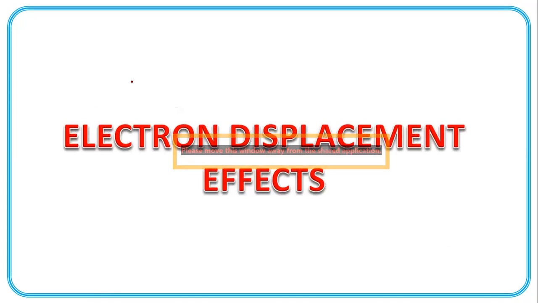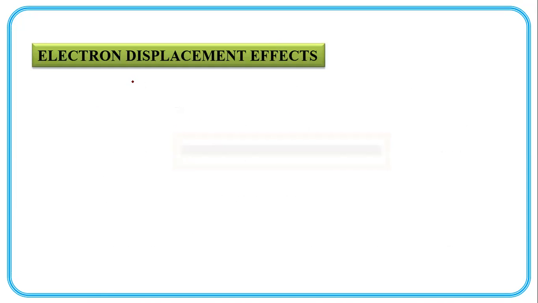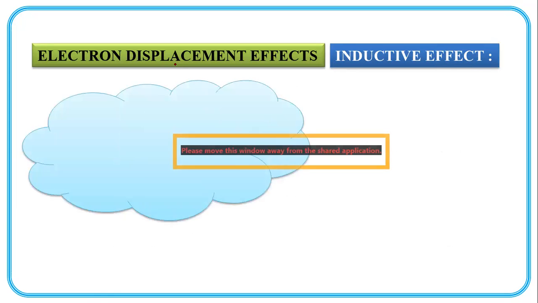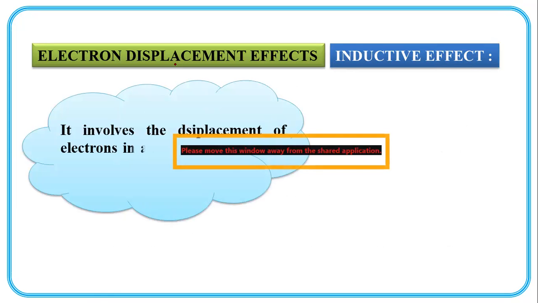Now electron displacement effects. First is inductive effect. It involves displacement of electrons in a single covalent bond. That is, sigma electrons are involved.